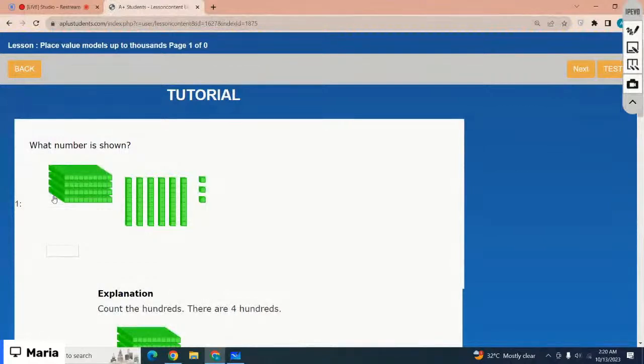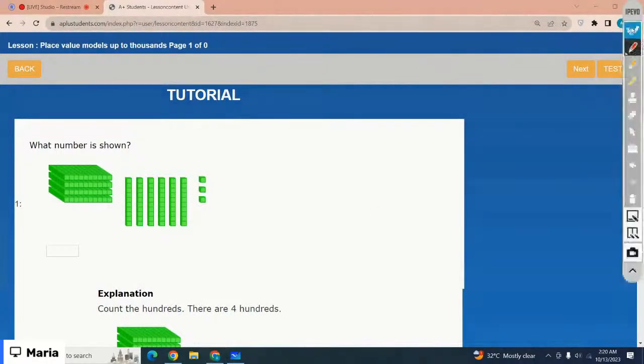Okay, so you are given three types of models. This one, the single block, represents the ones. These are the lines, they have 1, 2, 3, 4, 5, 6, 7, 8, 9, 10, right? The strips represent the tens, and when you have one like this, it represents 100, right?